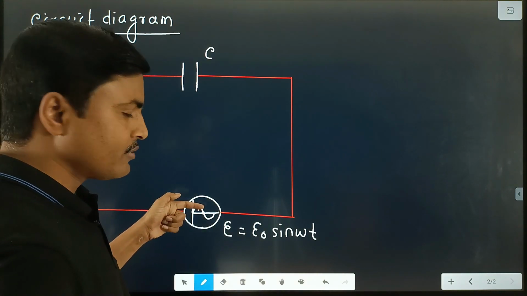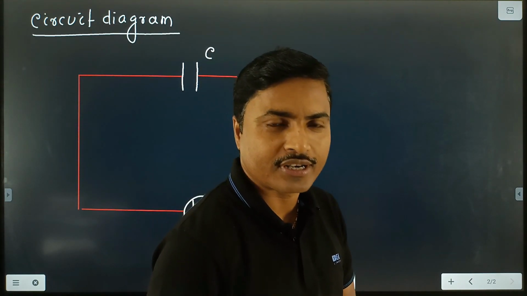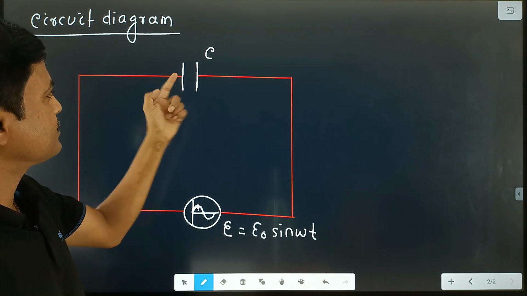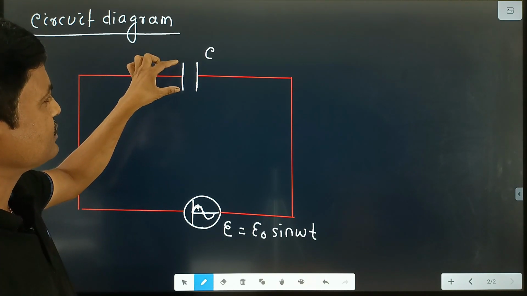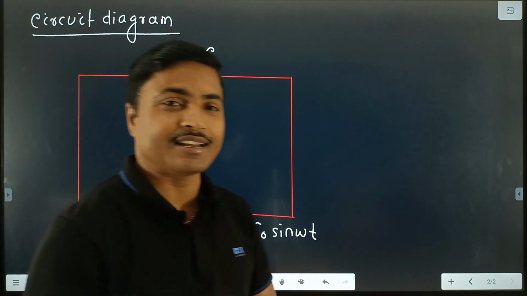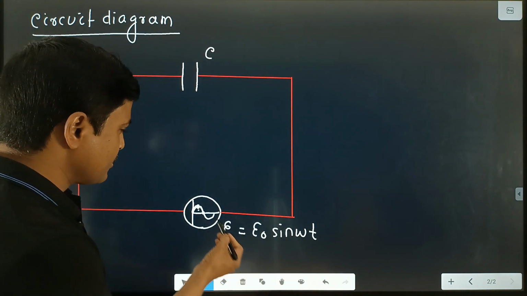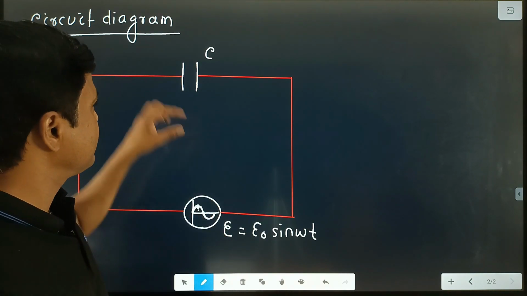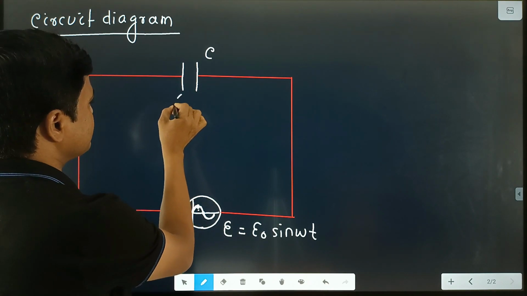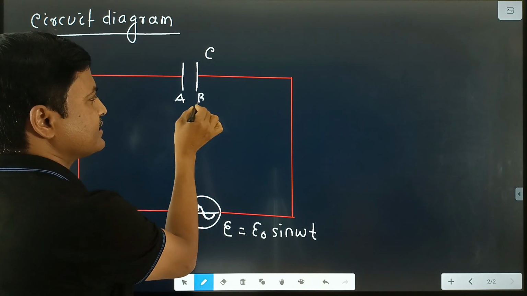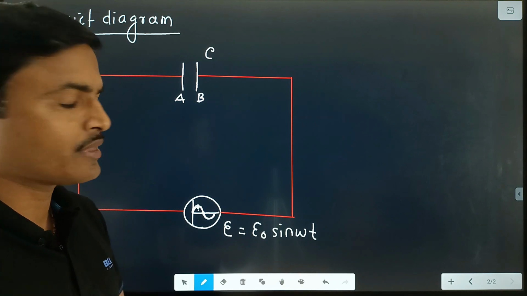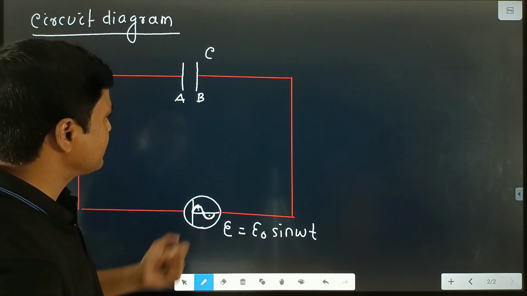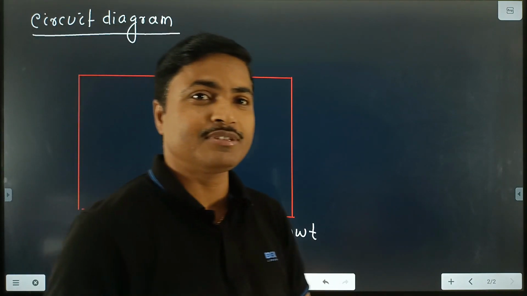For the positive half of the voltage or EMF, this is the first plate of the capacitor, the first plate is positively charged and the second plate is negatively charged. And during the negative half of the voltage, suppose the first plate is plate A and the second plate is plate B. Then plate A now becomes negatively charged for the negative half, and plate B becomes positively charged.